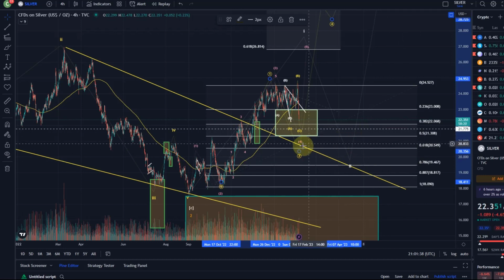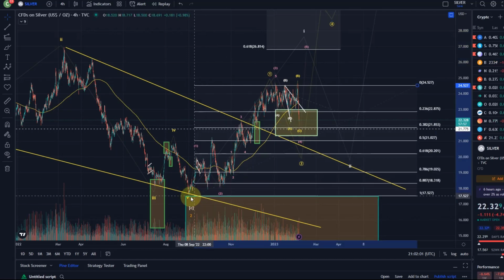And again, if we break below that, then it's probably this 1-2 setup. However, if we then break below 19.47 as well, then we cannot be in a 1-2 setup anymore. And there is then really only one more option to count all of this as a wave 1 impulse, but it looks very much like a 3-wave structure to me.